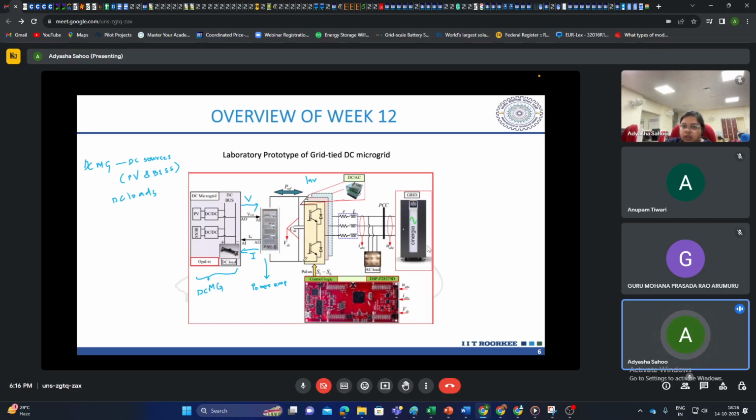Then coming to this side, we have this inverter, which is realized using this Semikron IGBT stack, right? Then we have some AC loads, such as these bulbs, which are connected to this PCC, which is realized using an MCB.